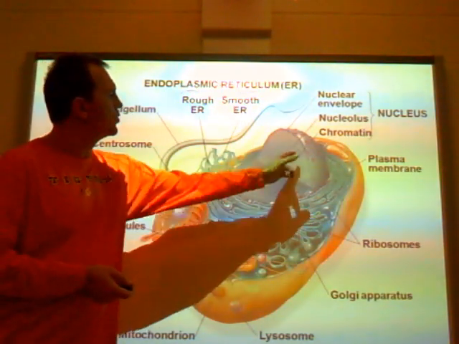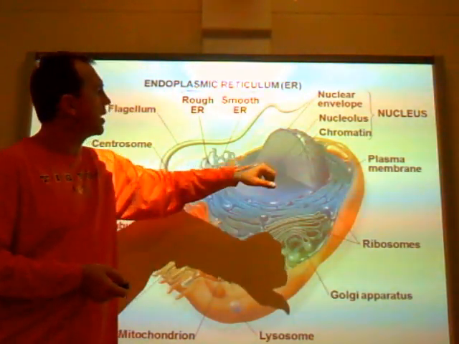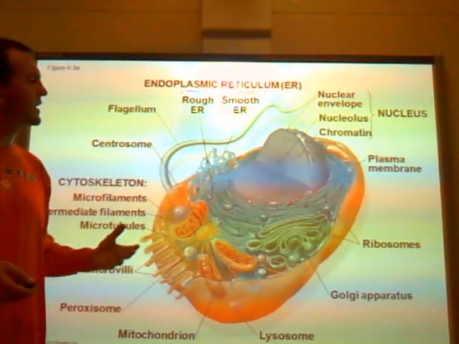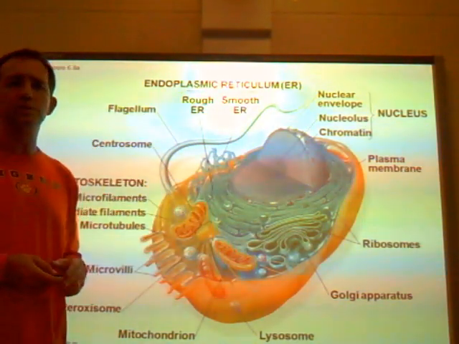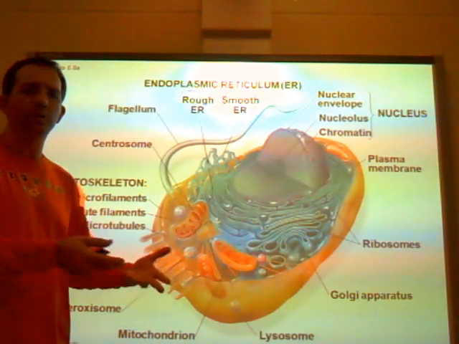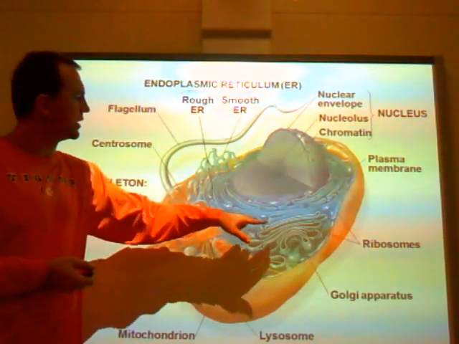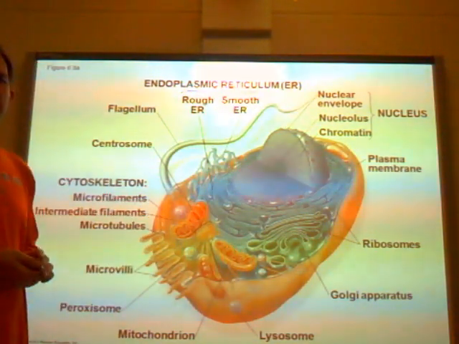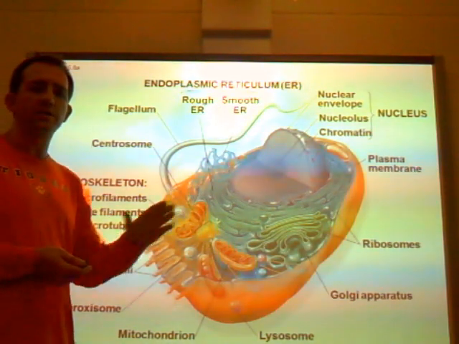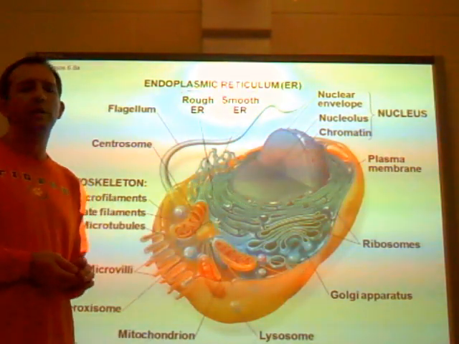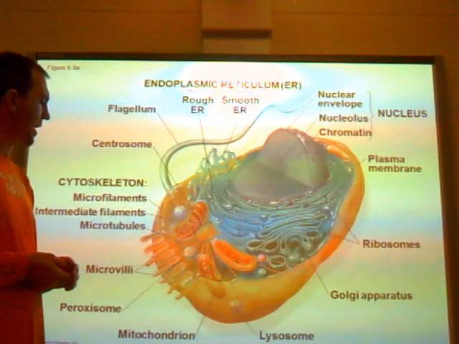Here is the nucleus, in which you find some chromatin, which is the DNA material. You get the nucleolus, which is going to be utilized to build ribosomes that will then move out into the interior part of the cell so that the proteins can be manufactured.